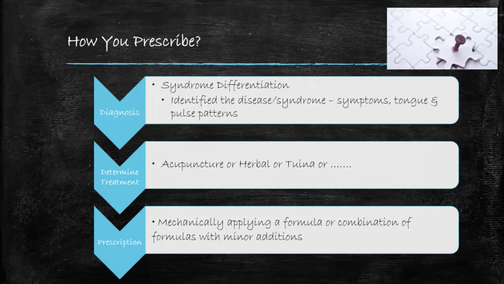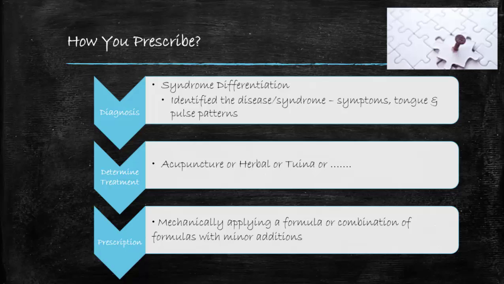You gather all that and you will determine through your diagnosis what the disease or the syndrome is, and from there you will use that information to determine treatment. And that treatment could be acupuncture, herbal, tuina, and whatever methods you have picked up. And from there you prescribe, right?